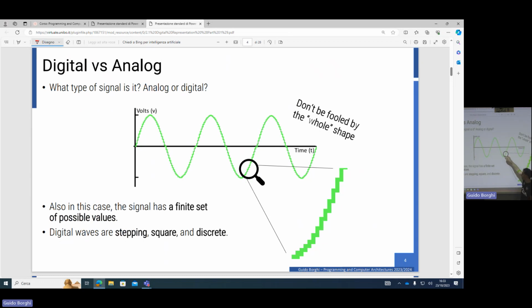We are in the presence of a discrete signal, or in other words, a digital signal. As you can see here, we have only a limited number of possible values in our graph. So you don't have to look at the overall shape of the graph, but at the possible values that we can have in a graph or in our function.